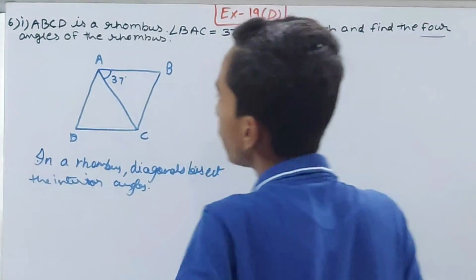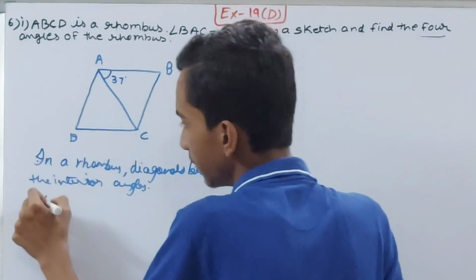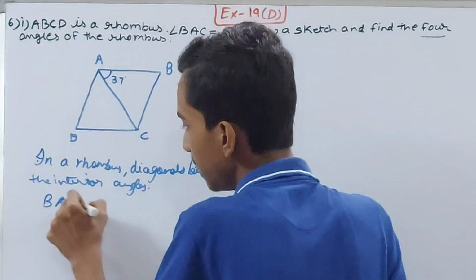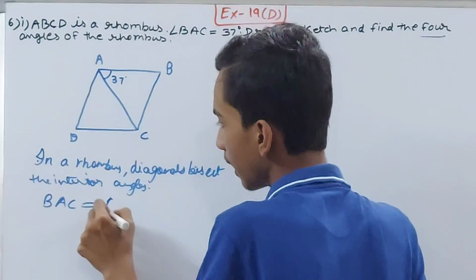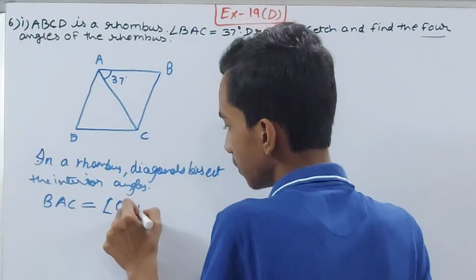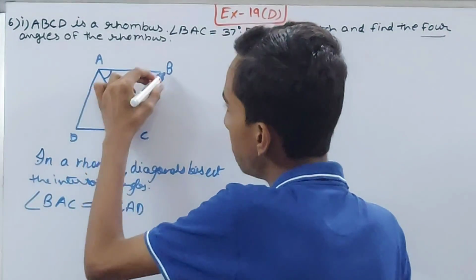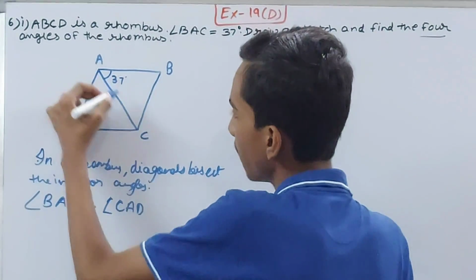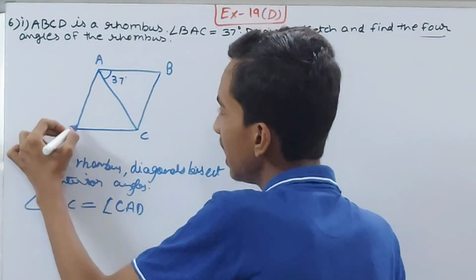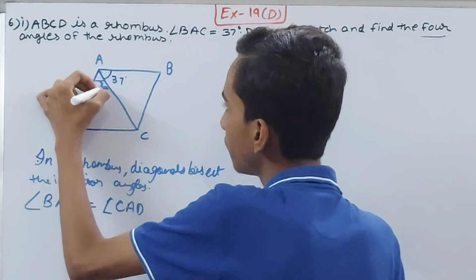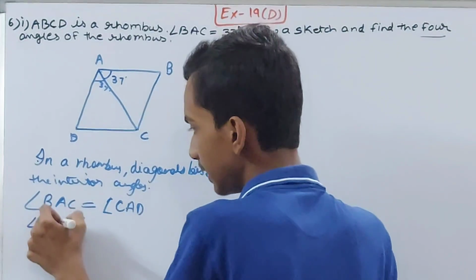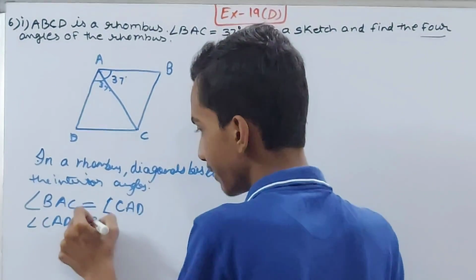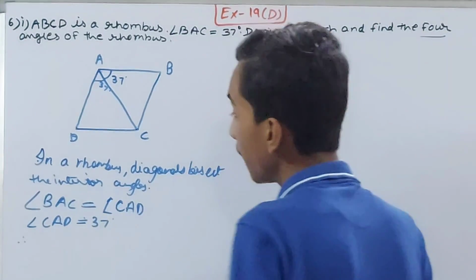So BAC, that is 37 degrees, will be equal to angle CAD or not? BAC is 37, so CAD will also have the same measure of 37 degrees. That means angle CAD is equal to 37 degrees. So therefore you can write it down.